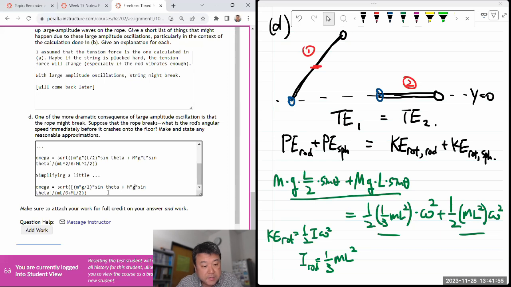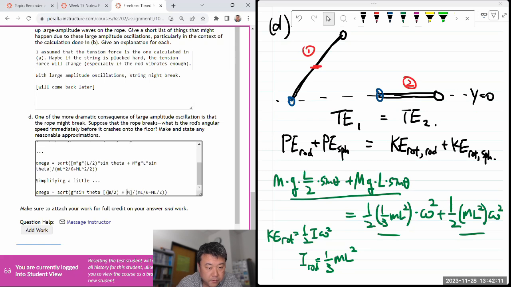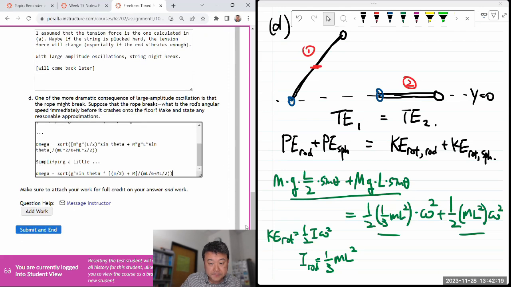I think that's it. You can factor out sine theta, but g sine theta, and that's just about it. You could factor out g times sine theta. That'll give you that. It looks slightly simpler maybe, but not very much so. I think that's all that you can simplify.